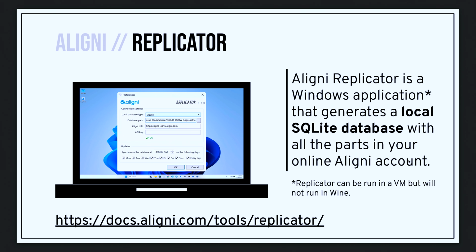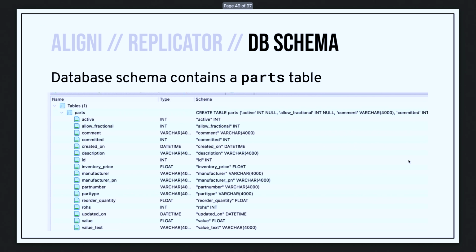Every part that you have set up in Aligni will get downloaded and synchronized into a SQLite database in a location that you specify, and you can tell it to update daily on a certain schedule, or you can also refresh it manually whenever you want. And the download link for that tool is right here.